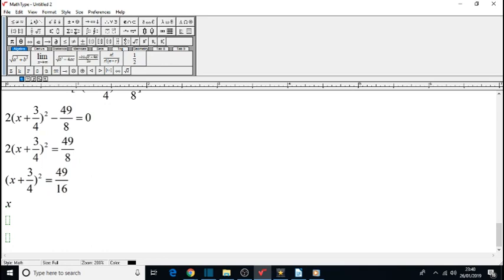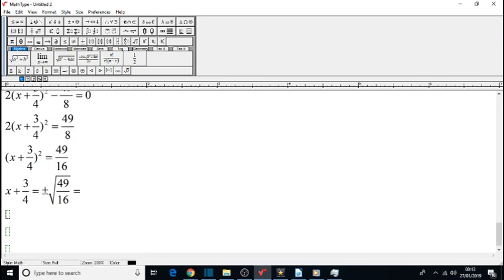So x + 3/4 is equal to plus or minus the square root of 49/16.